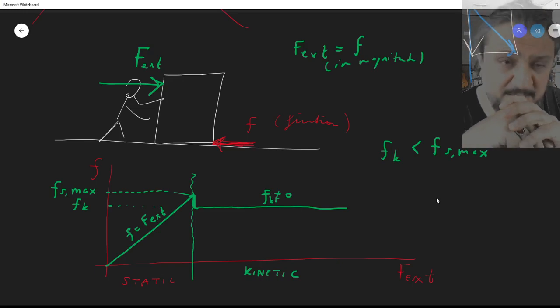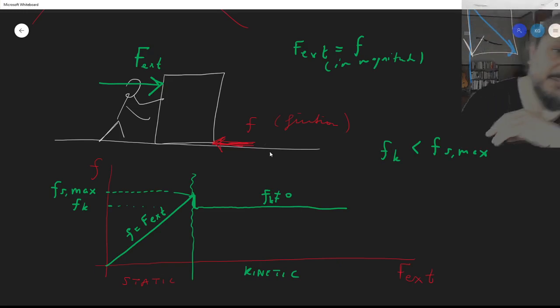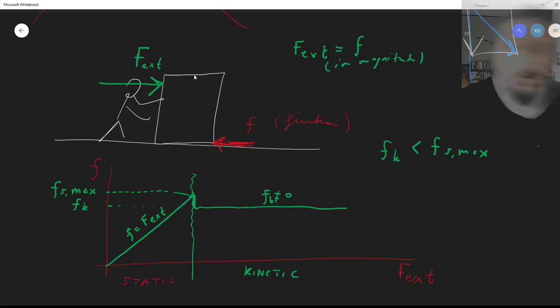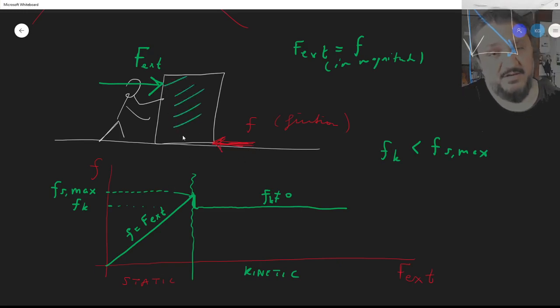What else can we tell about this? Now, as you can imagine, if it's a light box, friction is not that big. But if it's a refrigerator, you have a lot of friction. If you have anti-skid plastic or something like this under your furniture, maybe it's even more difficult to move.